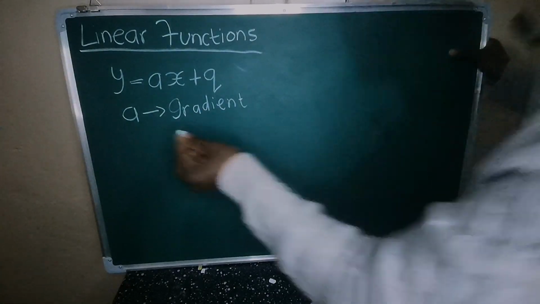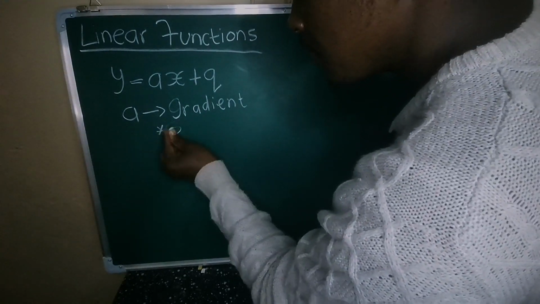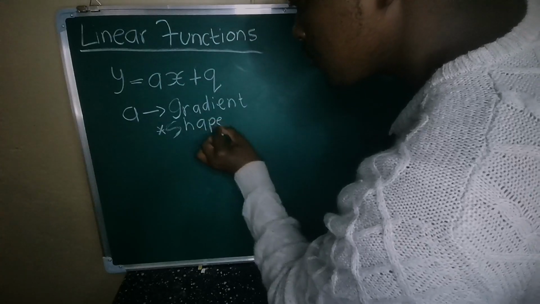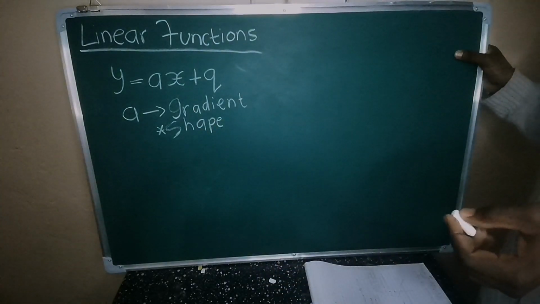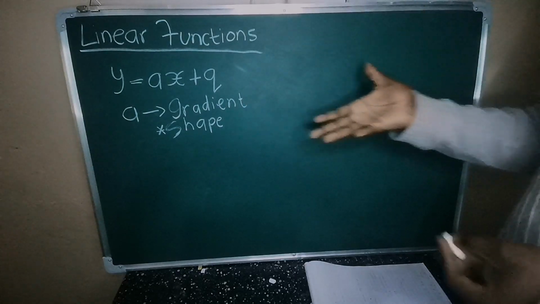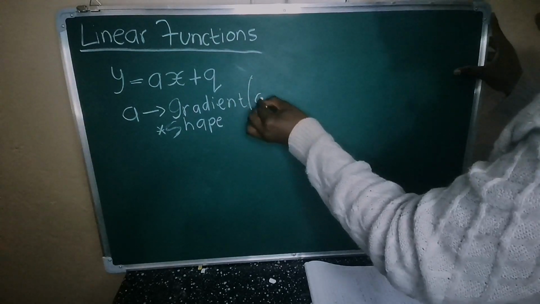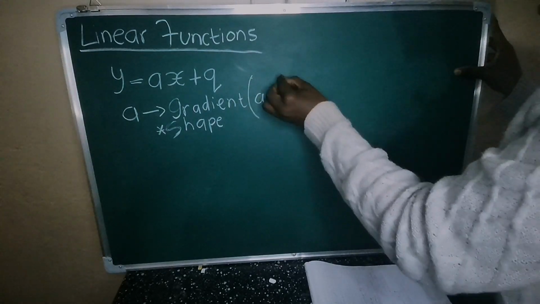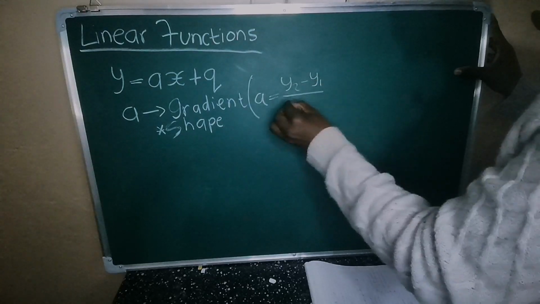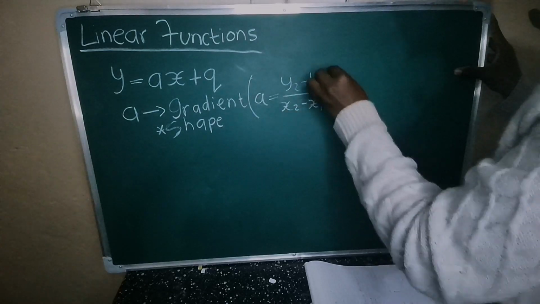And we also talk about another concept, which is the shape of the graph. So the value of a is our gradient. And you know that the gradient is a equals y2 minus y1 over x2 minus x1.